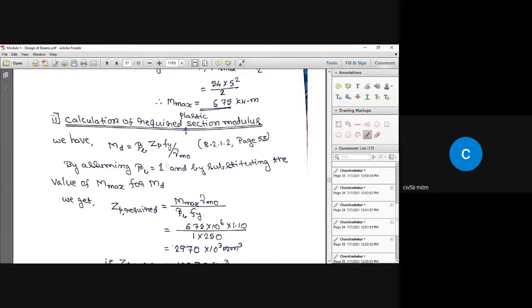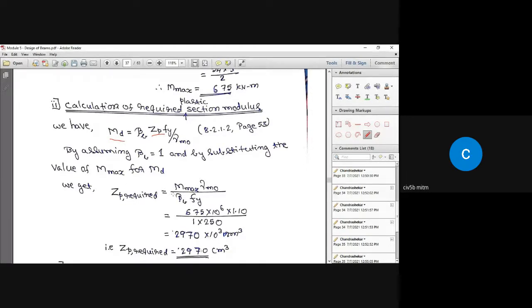So by taking beta B equal to 1, we can find out what is ZP. So that is going to be ZP required. To get the value of ZP required, in place of MD, we have to substitute the value of M max. If you look at this formula, ZP required, I have retained as it is. Beta B goes down, Fy goes down, gamma M goes up.